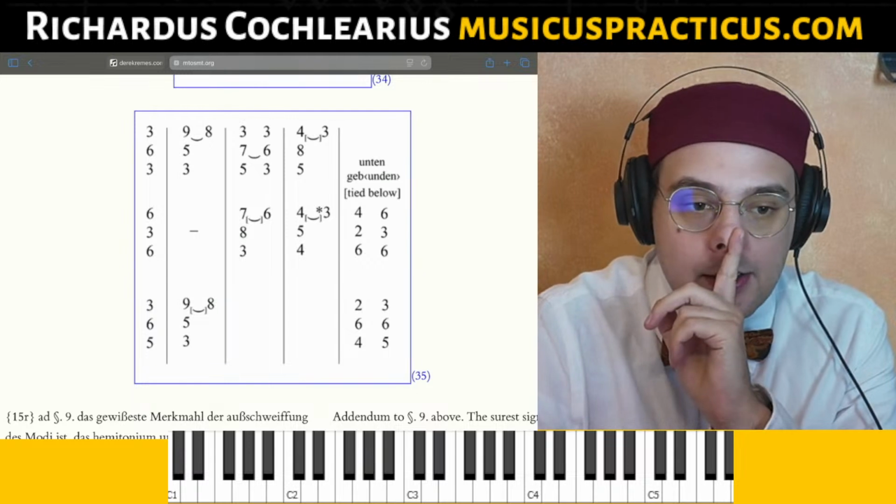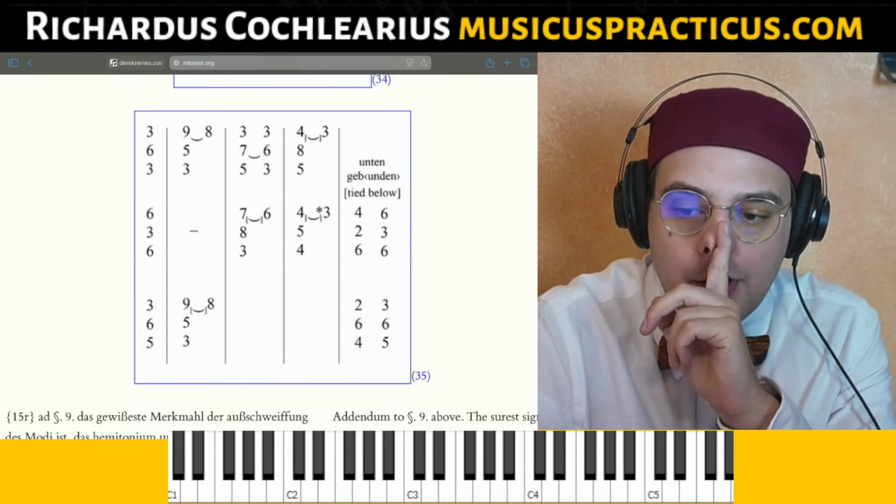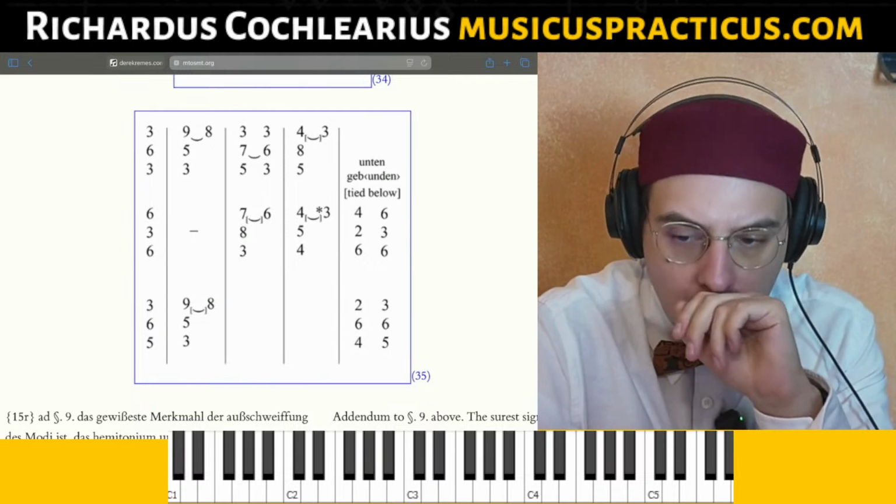Or this is a table that must be read vertically. What do I mean?